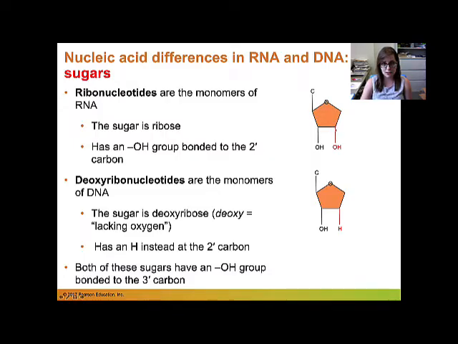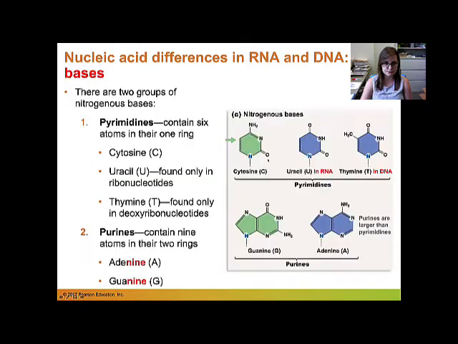So there's a hydroxyl group at the 2' carbon. And deoxyribose does not have a 2' hydroxyl group. So here's just a hydrogen. It's called deoxyribose because it's a ribose that lacks oxygen. But it's important to note that both still have the 3' hydroxyl group. Just ribose has an additional hydroxyl group.